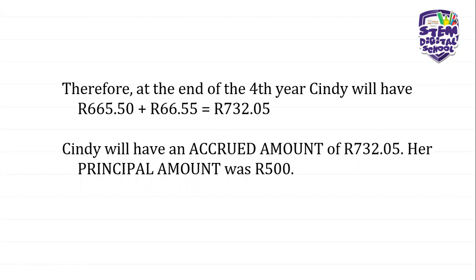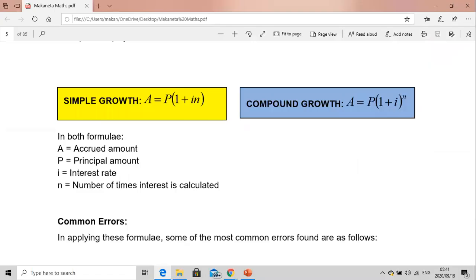So basically, the amount that will be accrued from the original investment of 500 rands under compound interest will be much bigger than under the simple interest. So basically, when we look at our growth path, there are 2 types of growth that we look at. The first one is the simple growth, followed by the compound growth.